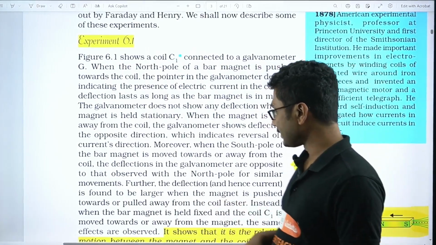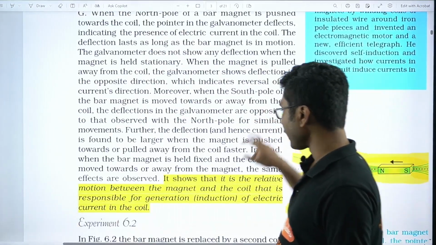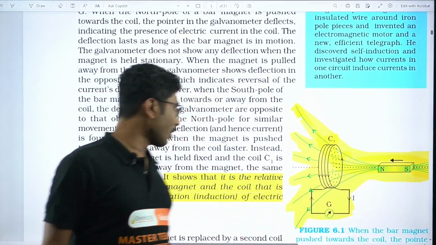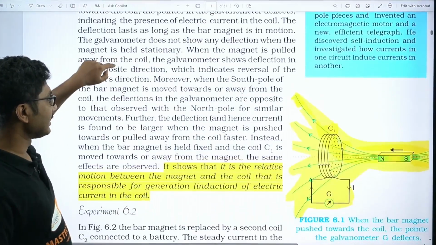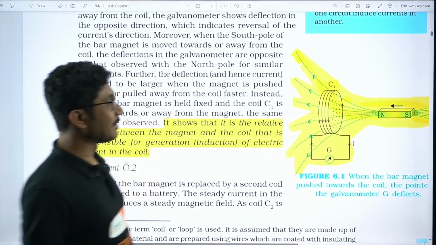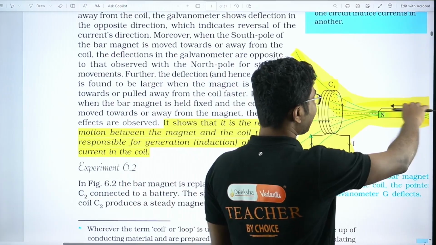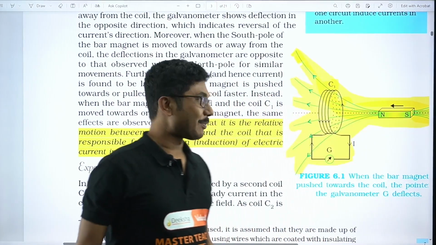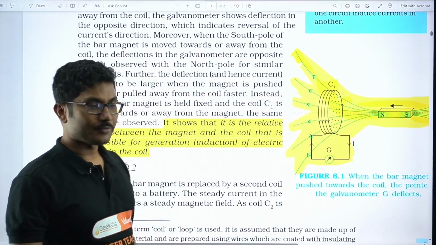Now there is an experiment very important for your board exam. This diagram you have to draw, and this is the conclusion of this experiment. You take a magnet, push it, pull it, and your observation is what happens in the galvanometer.